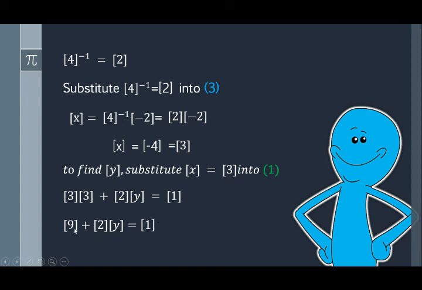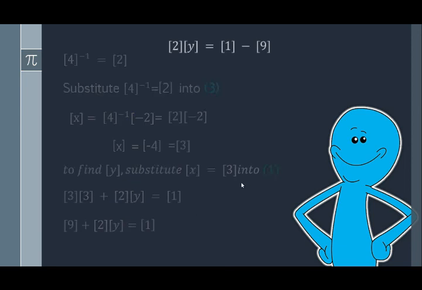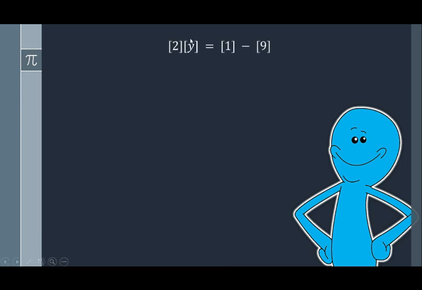I will need to eliminate this 9 by subtracting the congruence class of 9 from both sides. This will give me 2 times y equal to 1 minus 9. Computing this would give me the congruence class of −8.